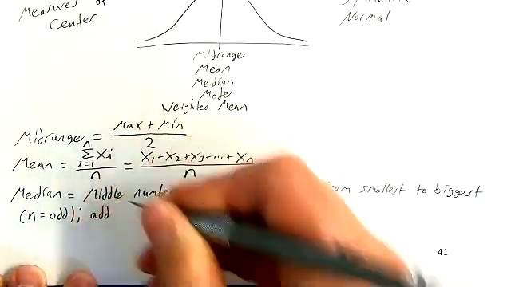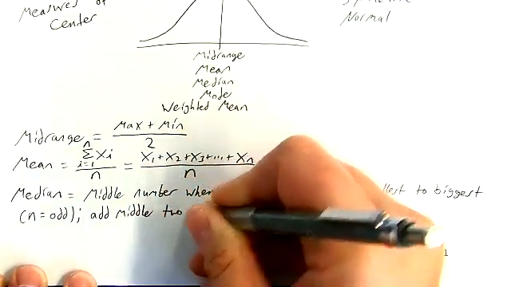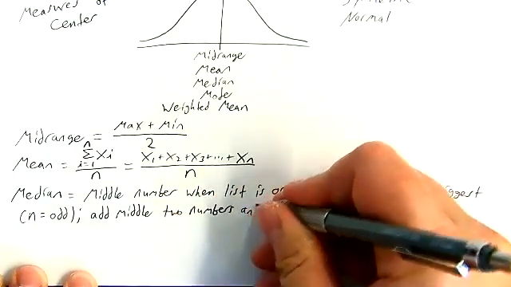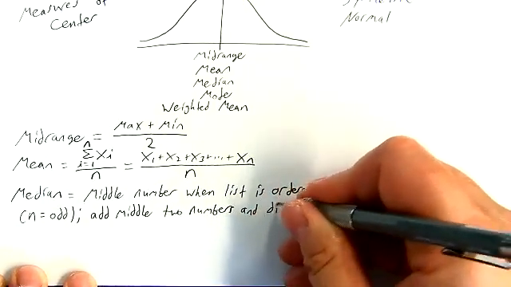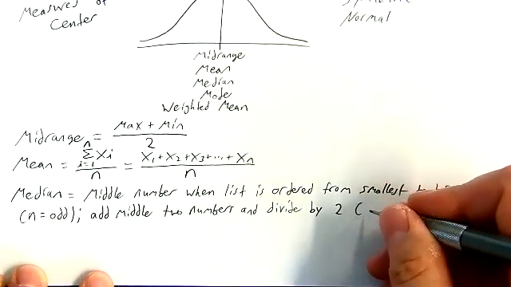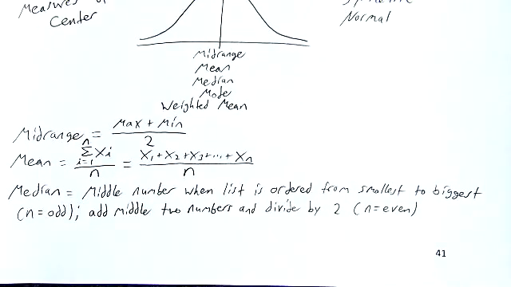You're going to add the middle two numbers and divide by 2 if n is even. And we'll see examples of both. So if your list is an odd number of things, there will be an exact middle number. You'll just circle it. If you have an even number of things, like 10 or 20 numbers, then you have two middle numbers that you'll add and divide by 2.